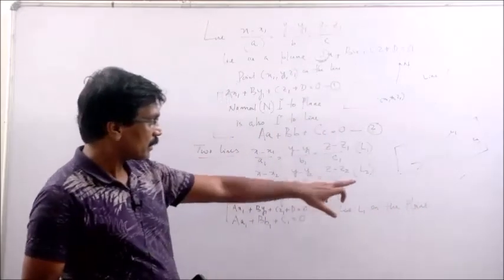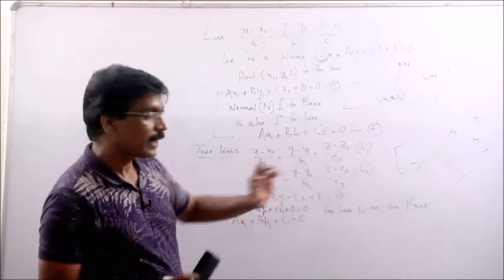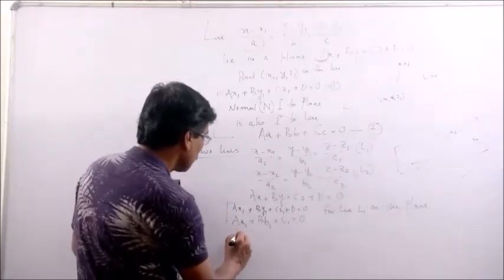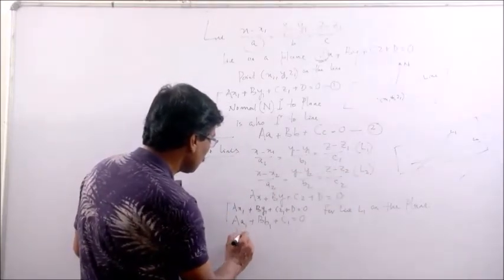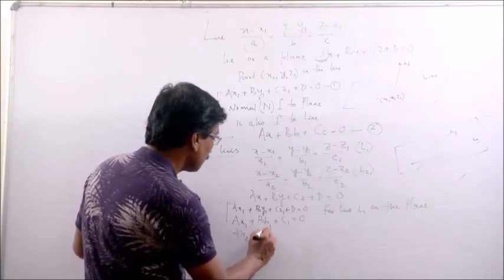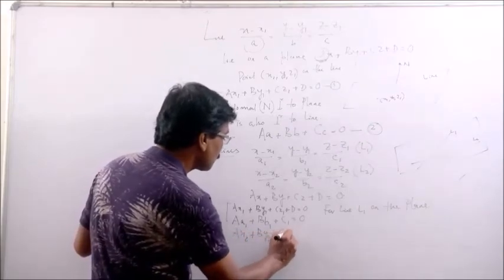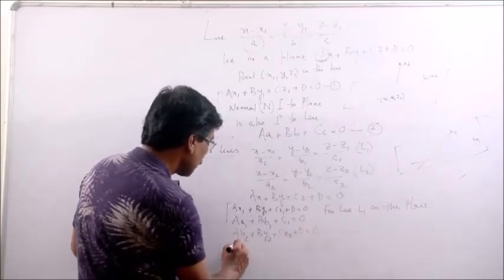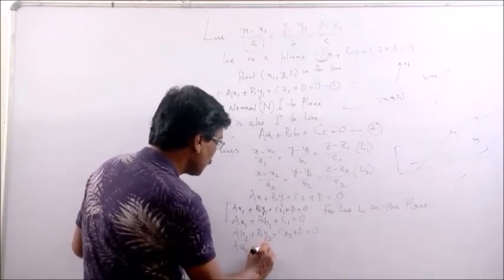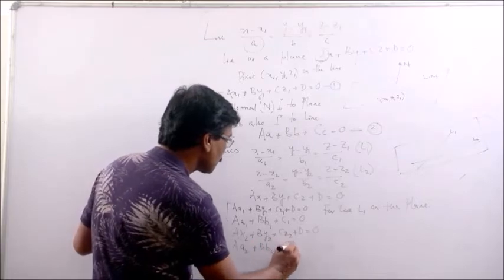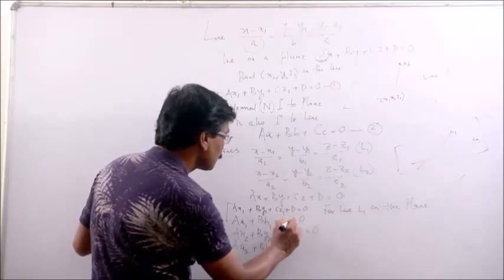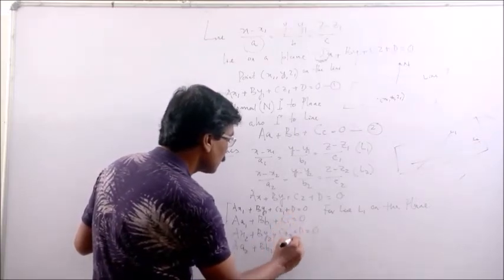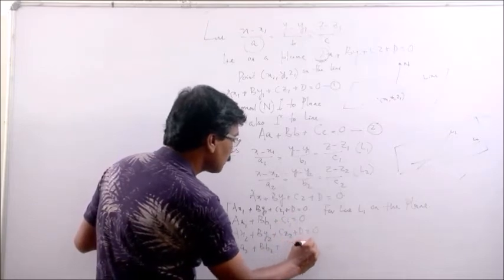Similarly, for the line L2 to lie on the plane, a x2 + b y2 + c z2 + d = 0, and a a2 + b b2 + c c2 = 0.